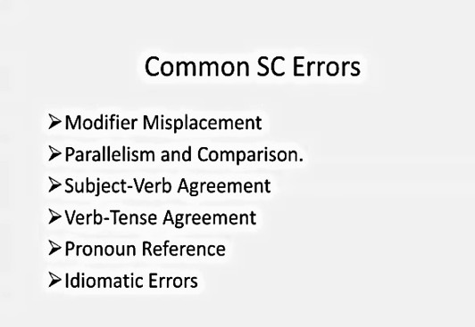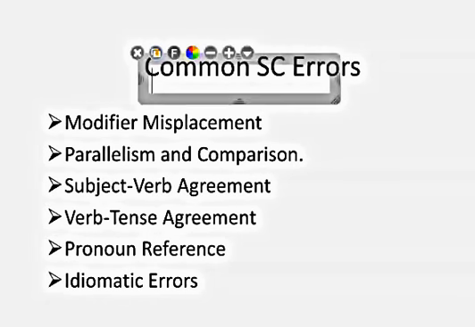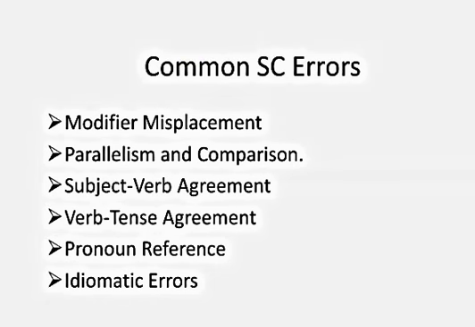Okay. Now let's move on ourselves. These are the common SC errors that we are going to look at. So modifier misplacement. This is the first thing that we are going to look at. Then we will move on to parallelism and comparison, which is another easy topic. Then we are going to look at subject-verb agreement.